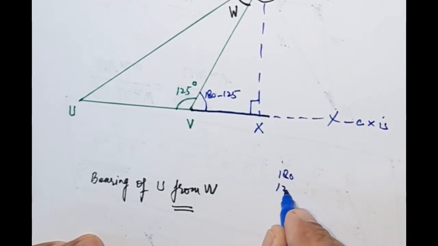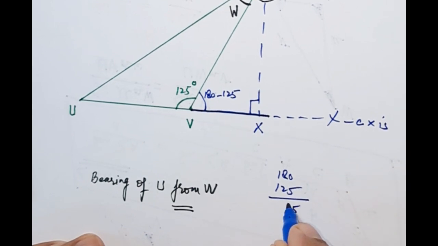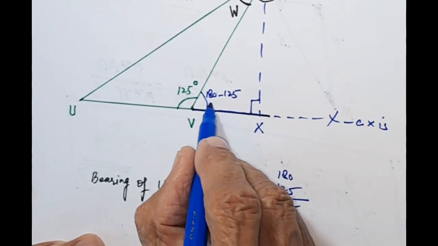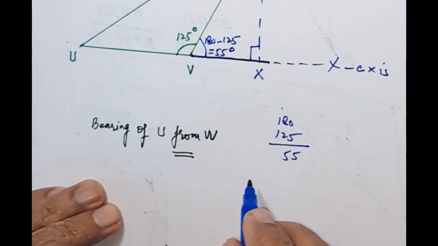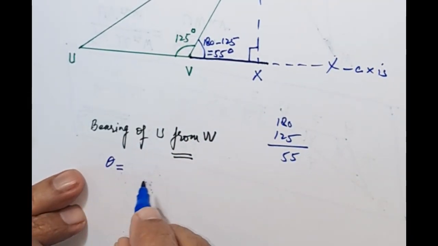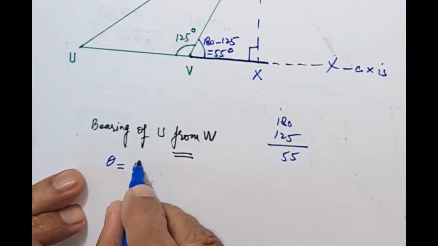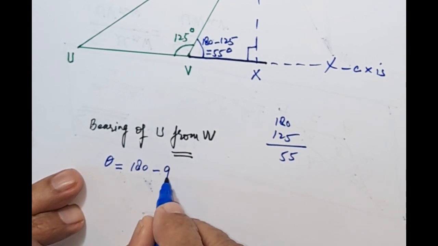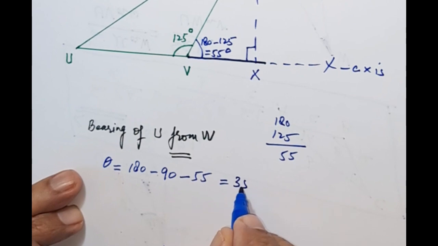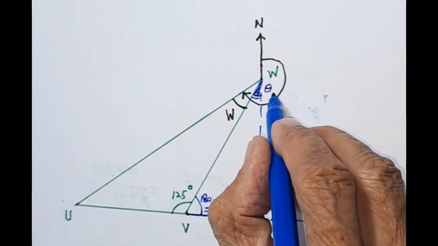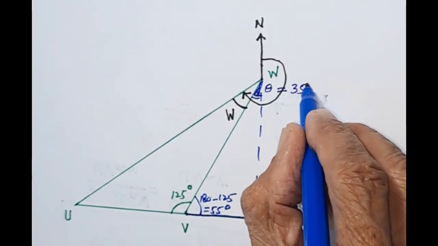If this is 55 degrees, then theta will be equal to 180 minus 90 minus 55, which is equal to 35 degrees. So I write down theta equal to 35 degrees.